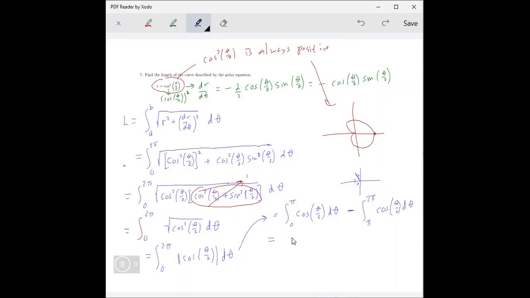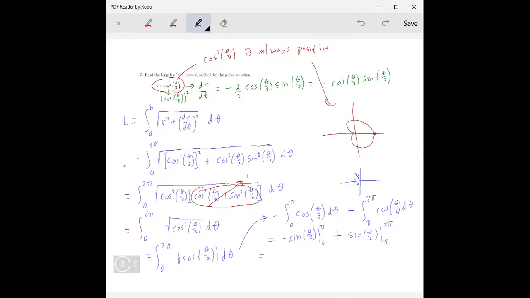Okay, so doing this one, you integrate, and that gives you negative sine of theta over 2 from 0 to pi. And then right here, this is going to be positive sine of theta over 2 from pi to 2 pi. And then I plug in the limit.